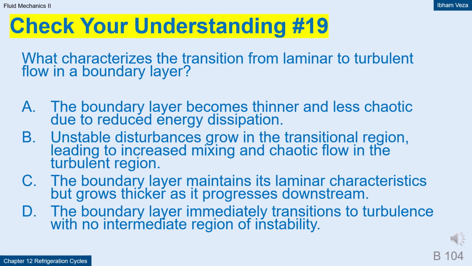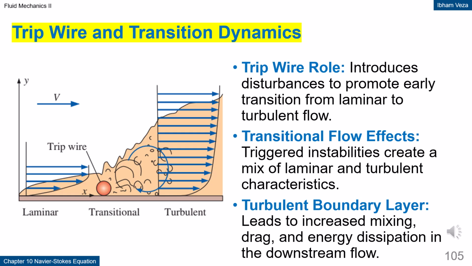Incorrect, because the laminar flow does not persist indefinitely. It transitions to turbulence through the unstable transitional region. D. The boundary layer immediately transitions to turbulence with no intermediate region of instability. Incorrect, because there is always a transitional region where disturbances grow before fully developing into turbulent flow.